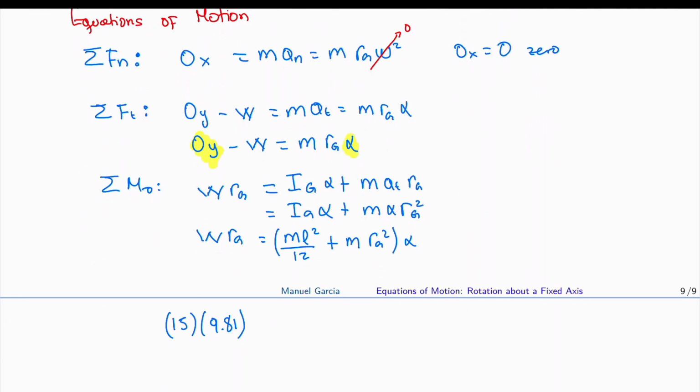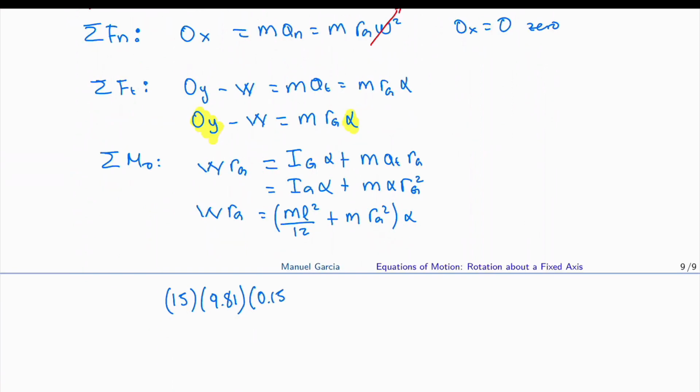So this multiplied by 0.15 is equal to the mass, which is 15, multiplied by L, the total length, which is 0.9 squared divided by 12, plus the mass, which is 15, multiplied by Rg, which is 0.15 squared, multiplied by alpha.